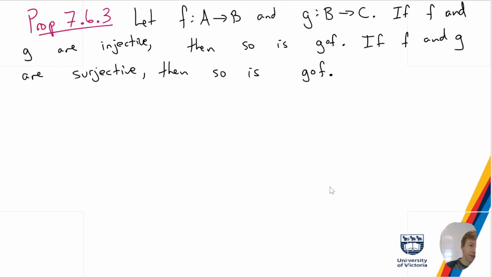This turns out to be basically the same thing as what is being proved in this proposition.